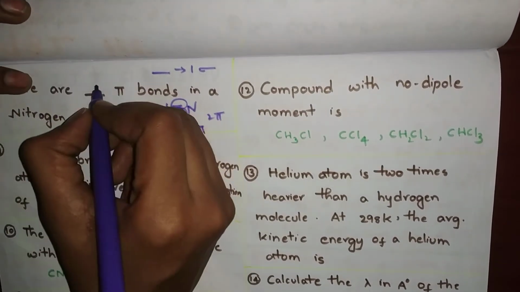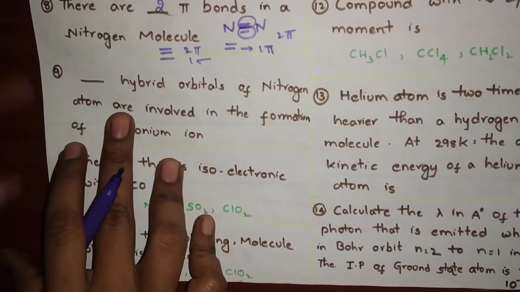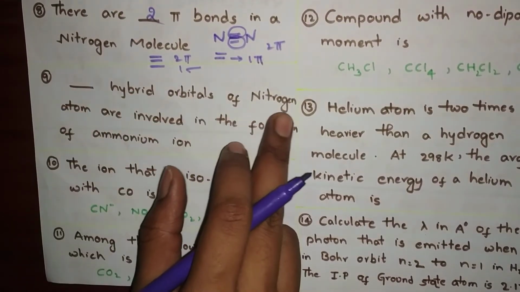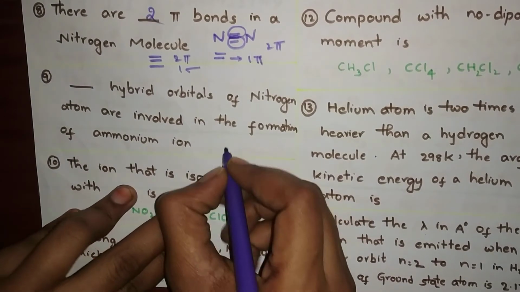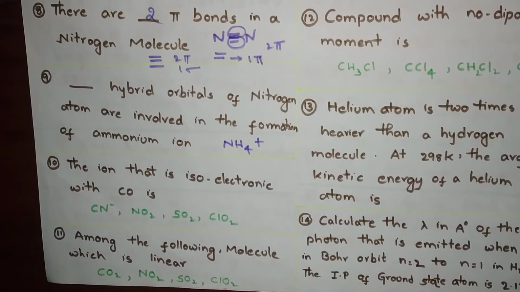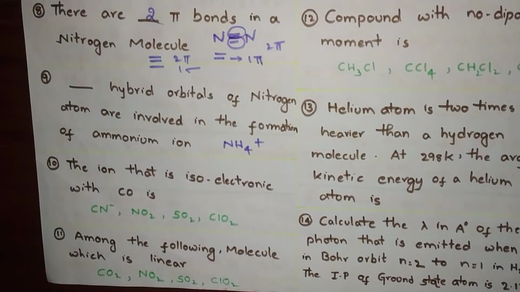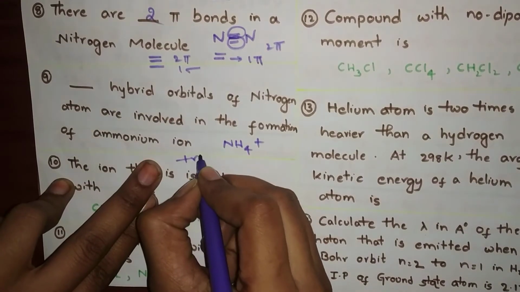Okay. So for this, read the ninth question. How many sp-what hybrid orbitals of nitrogen atom are involved in the formation of ammonium ion? NH4 plus. Ammonium ion is like that. So you can easily calculate it, I will show a trick here.